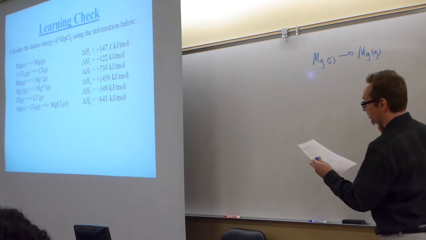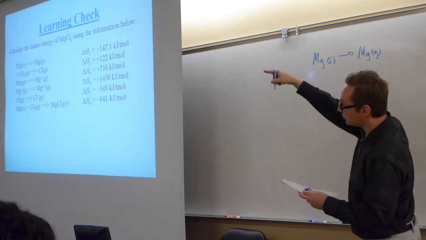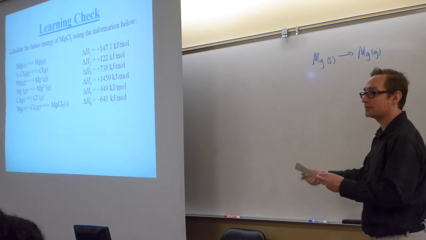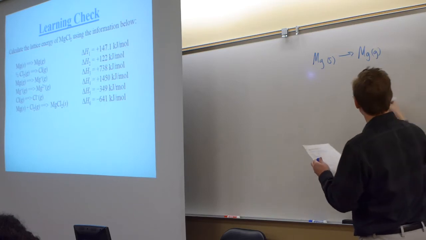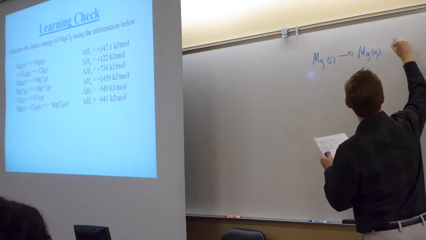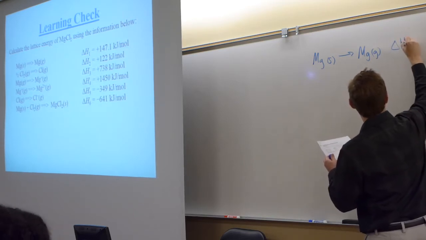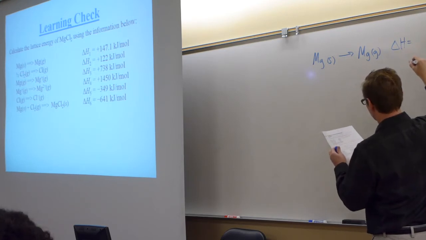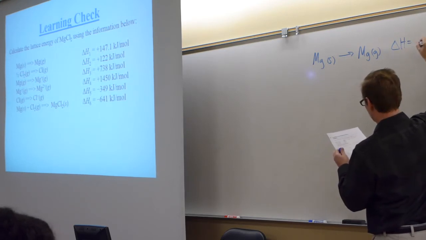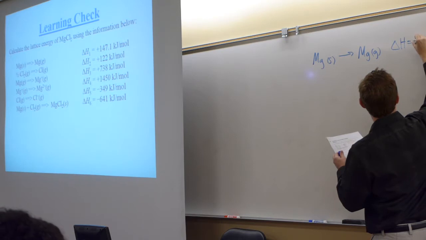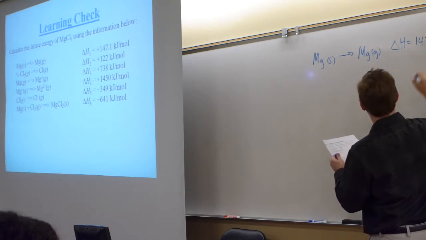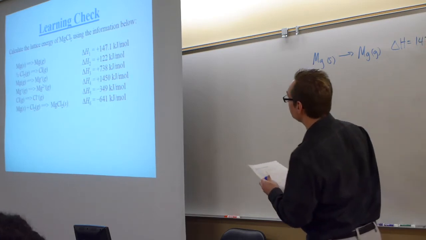All right, so we got the first reaction there. I'm really just going to rewrite those, but I'm going to add the lattice energy reaction in there. So we got the delta H of plus 147.1.